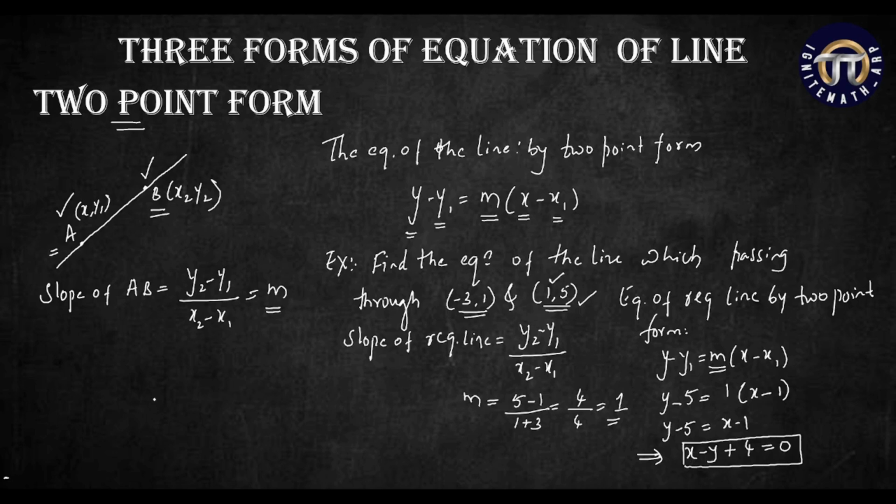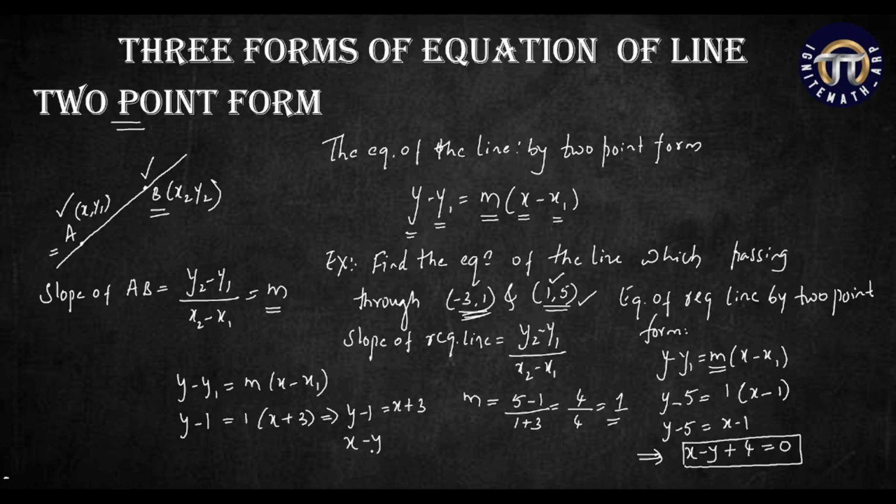I'll show you. Suppose if I take x1, y1 as this coordinate, then my equation would be y minus y1 is equal to m of x minus x1. See, look at this. Y minus, suppose I consider y1 is 1, is equal to m is 1, x minus of minus 3 would be plus 3. Then this is y minus 1 is equal to x plus 3.